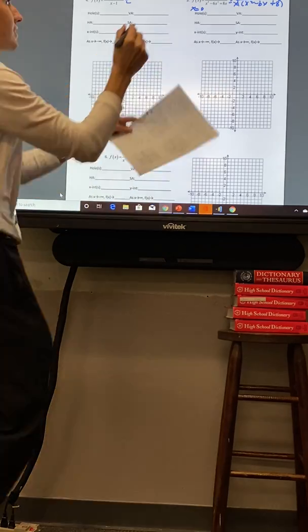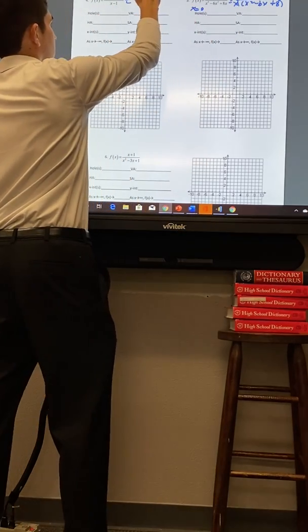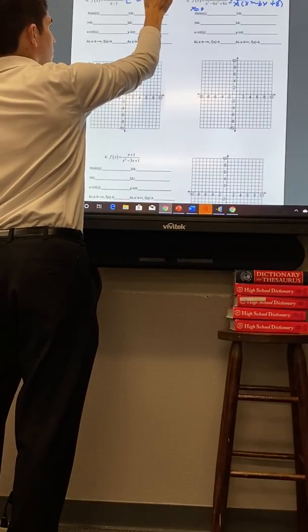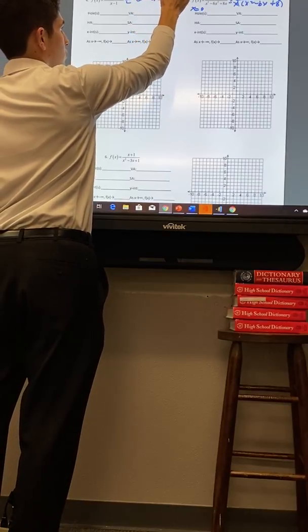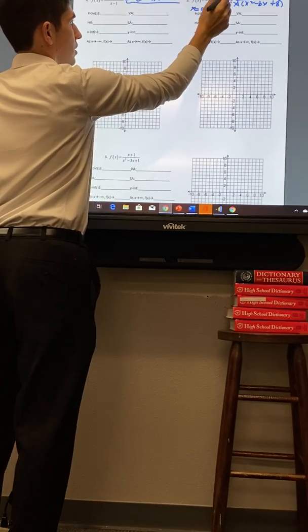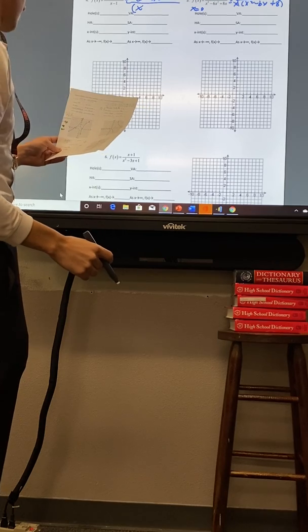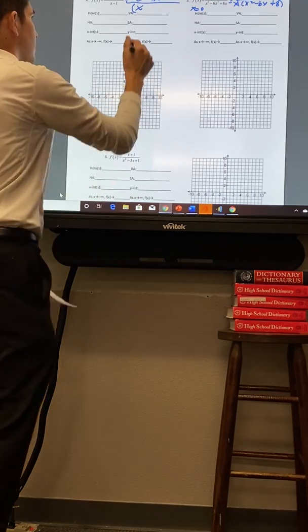I can simplify that down again. I get x plus 3, x minus 2 over x squared minus 6x plus 8, which is x minus 4, x minus 2.